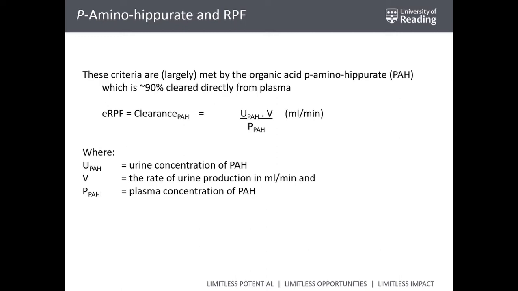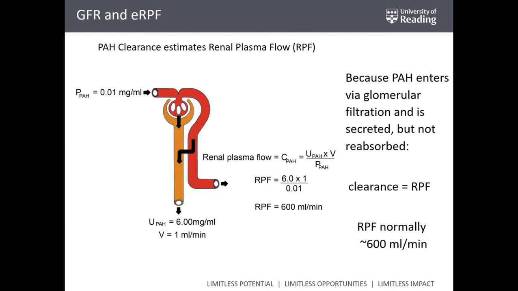I'm not going to mention again what the clearance is. The clearance is the concentration of a substance in the urine divided by the concentration of the substance in the plasma, times the rate of urine production in milliliters per minute. So the PAH clearance, the para-aminohippurate clearance, corresponds to the renal effective plasma flow.